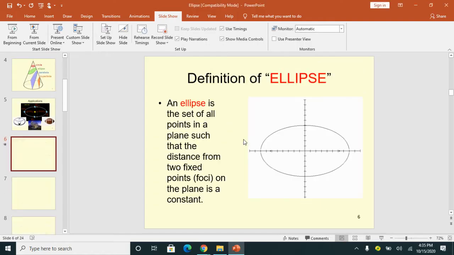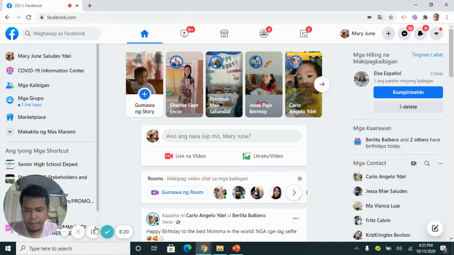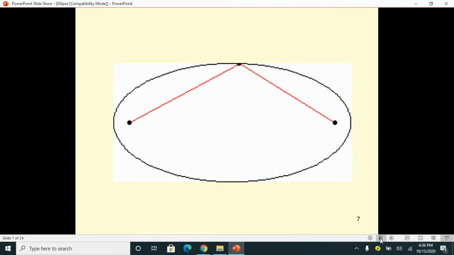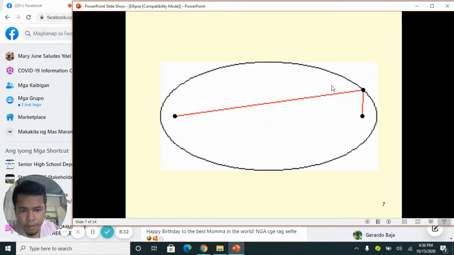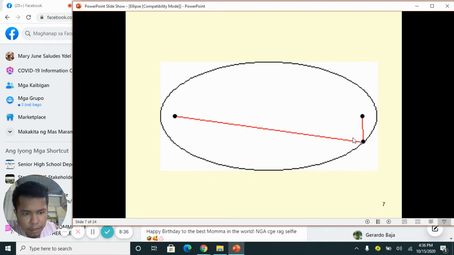So maghisgot ra gihapon ta sa atong parts sa atong ellipse. Okay? So mao ni akong gingon sa figure class. So fixed na siya all over the ellipse.